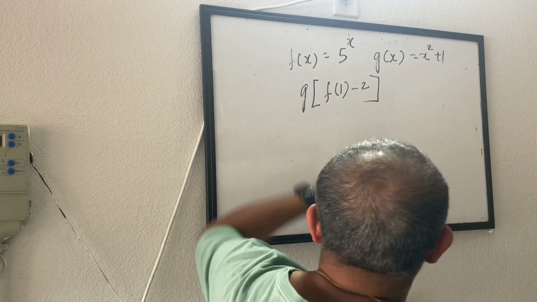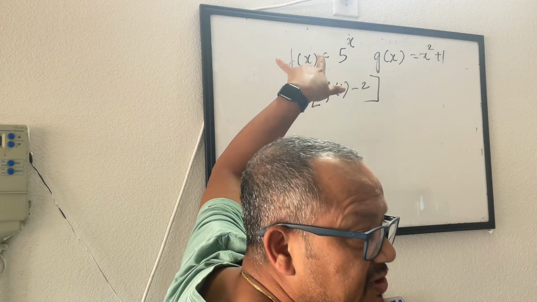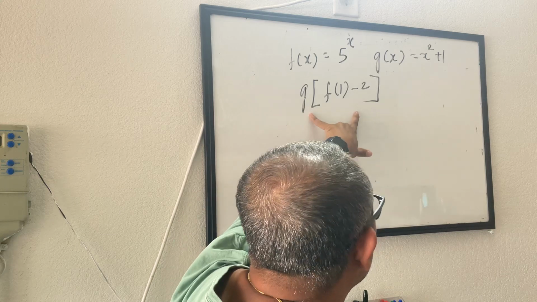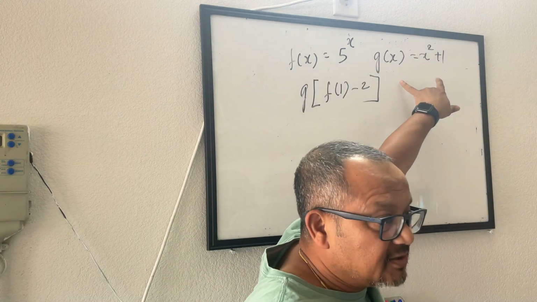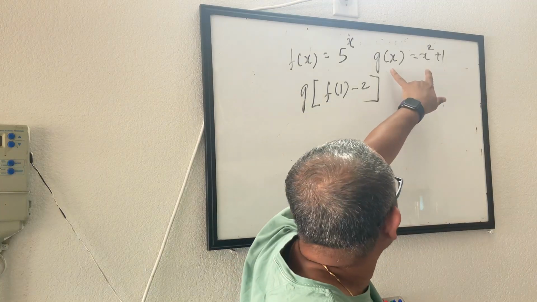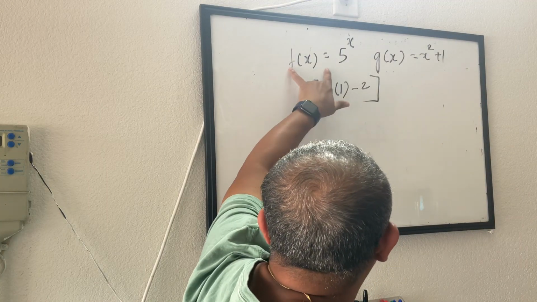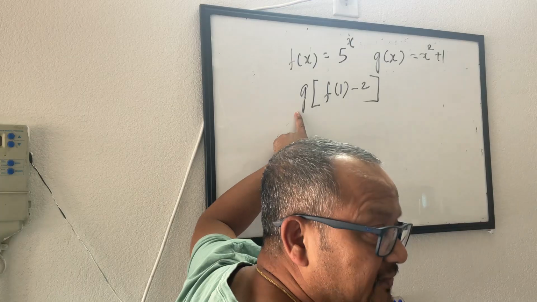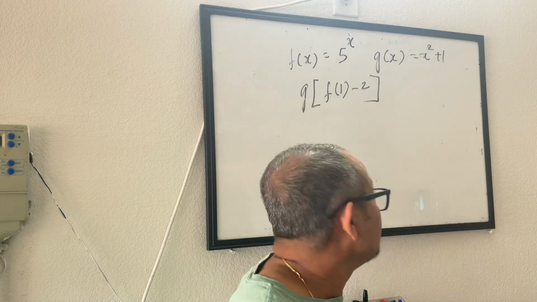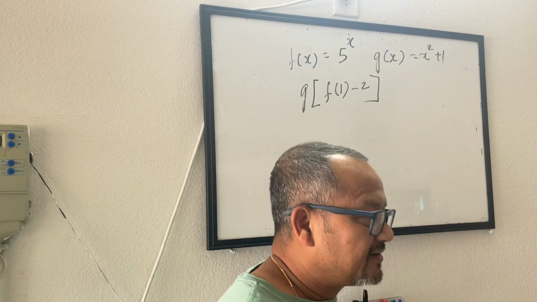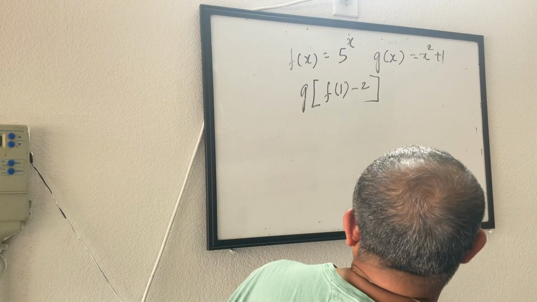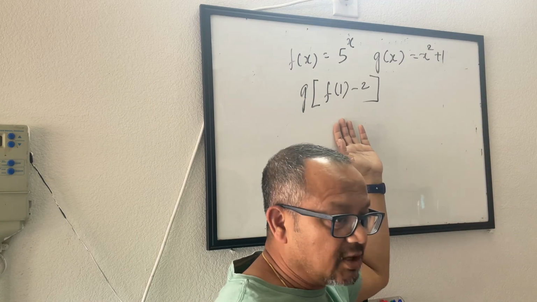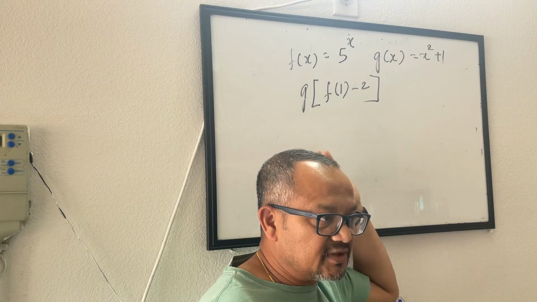This is a classic example of a composite function, where it is comprised of this function and this function both, and whatever comes out of this function becomes an input to the second function. Can you guys help me evaluate this one and tell me what the value would be?